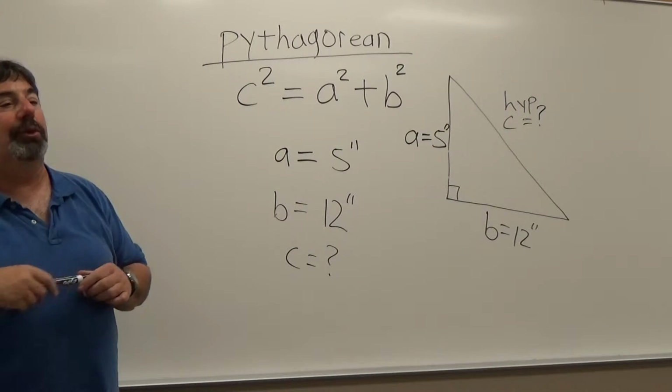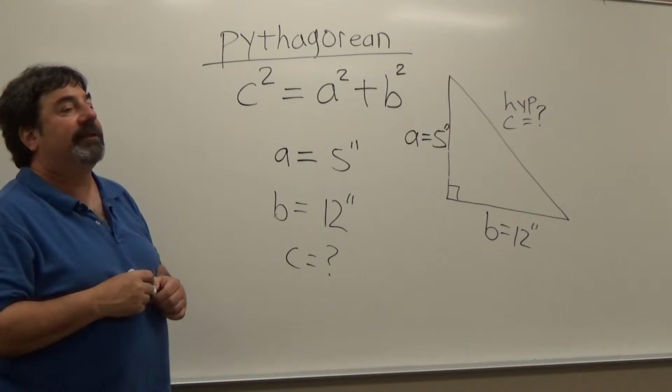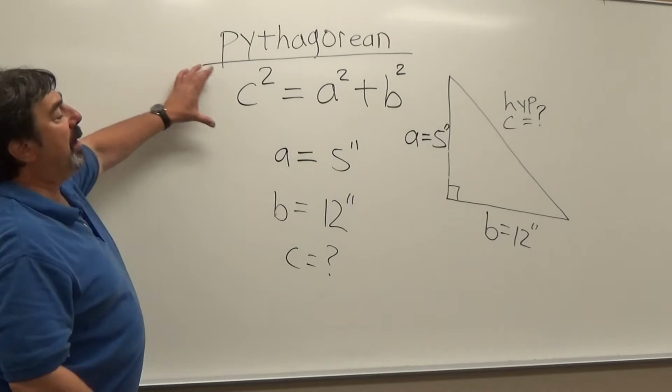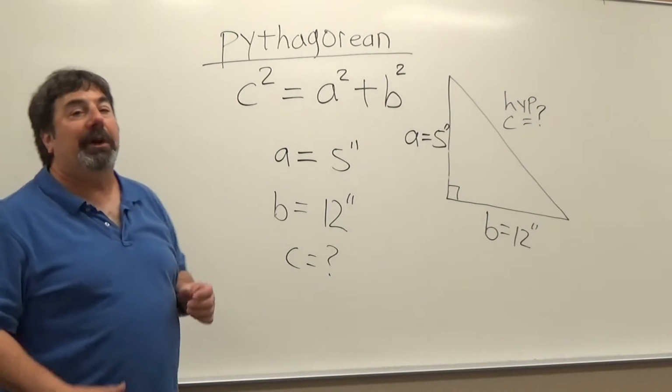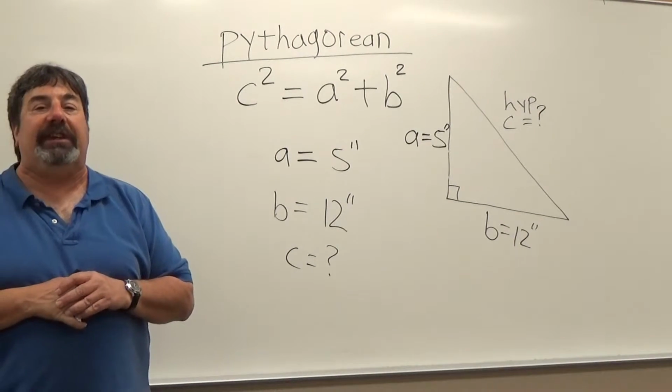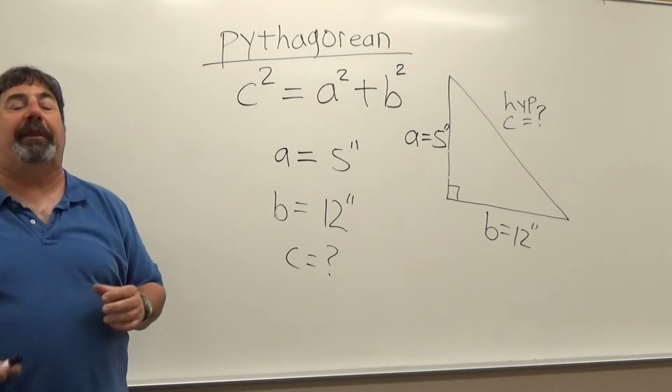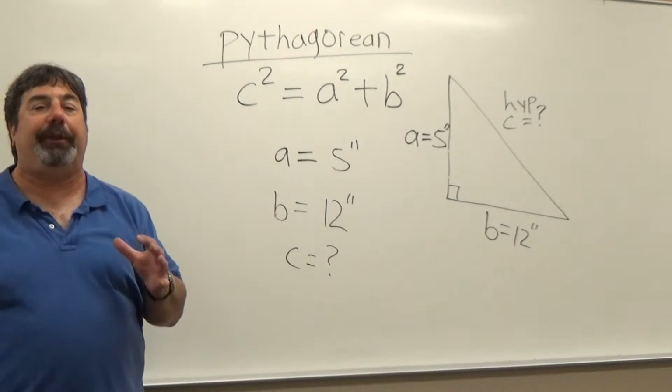What I would like to do now, though, is do something to the Pythagorean formula here. What I'm going to do is solve for C directly, and I'm going to come up with a second form of the Pythagorean theorem.